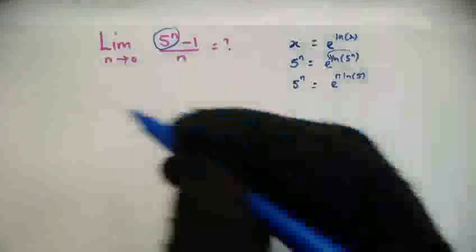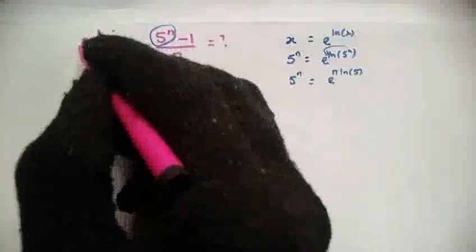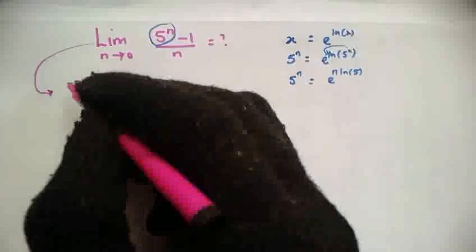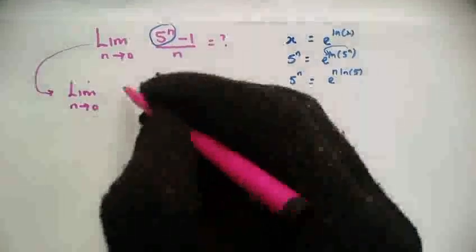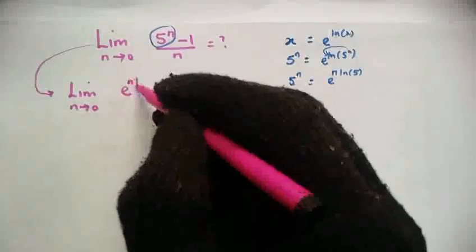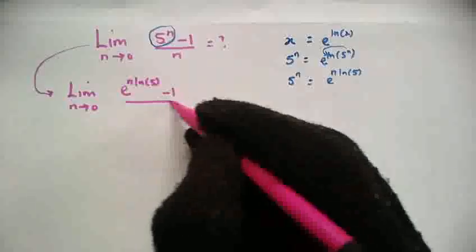So the following limit is the same as the limit as n approaches 0 of (e^(n ln 5) − 1)/n.